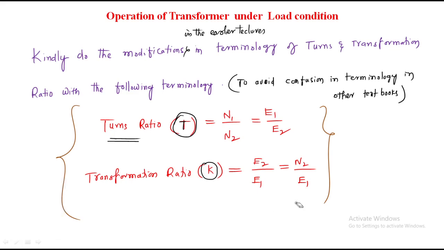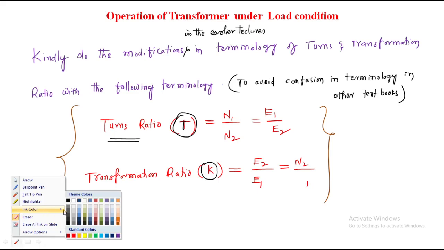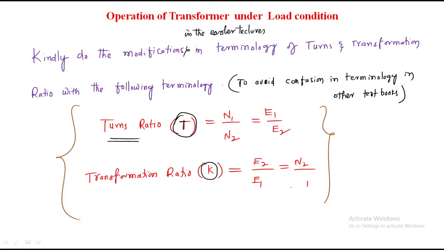Turns ratio is T, N1 by N2, which is equal to E1 by E2. Okay, so don't write these lines in the notebook. This is about the concept of the transformer under load condition.